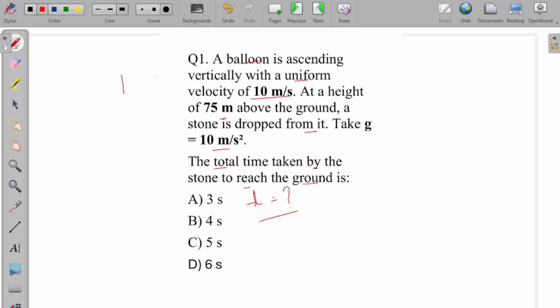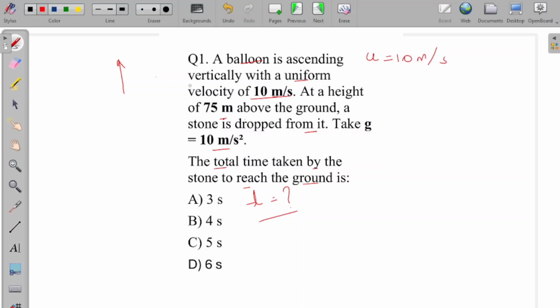There's a hot air balloon which is ascending, means it's going up, and the velocity of the balloon is 10 meter per second. We must keep in mind, when the balloon is in the air 75 meters above the ground and the stone is dropped, the initial velocity of the stone will be same as the velocity of the balloon. So initial velocity of the stone will be 10 meter per second.